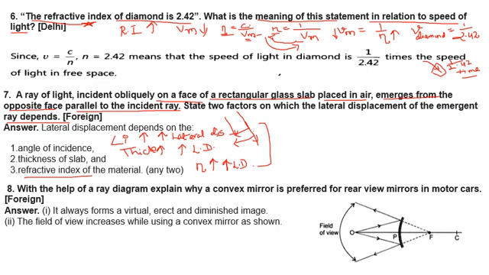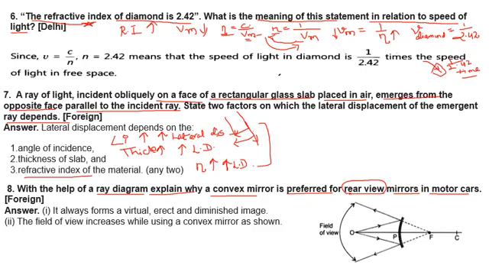With the help of a ray diagram, explain why a convex mirror is preferred for a rear view mirror in a motor car. What is the usefulness of a rear view mirror? Why do we use a rear view mirror? Because I want to see the vehicles which are coming from the back side.